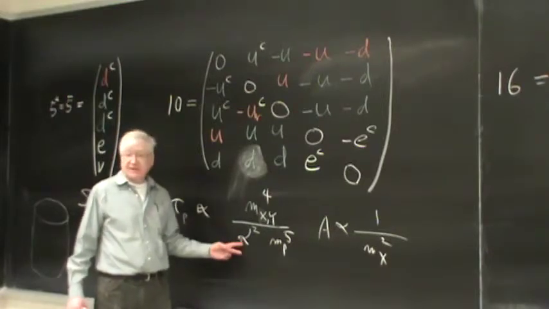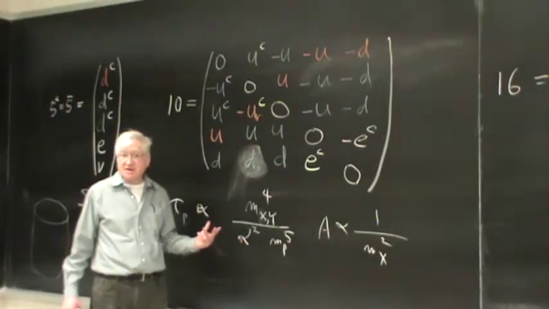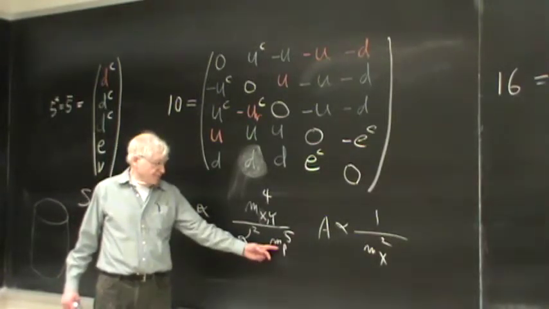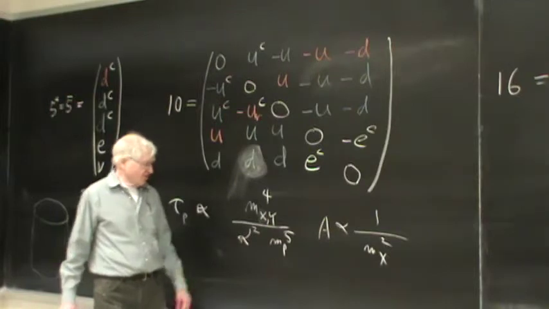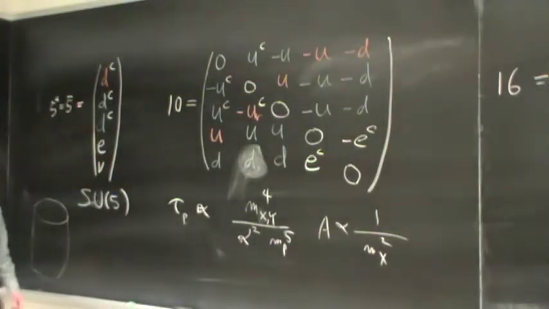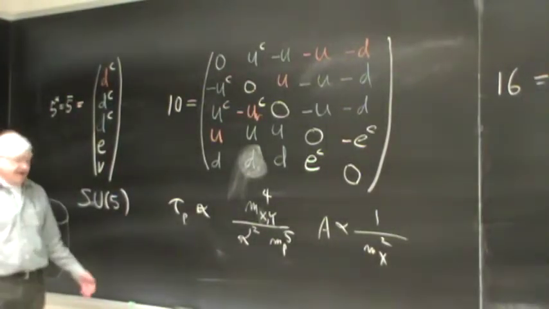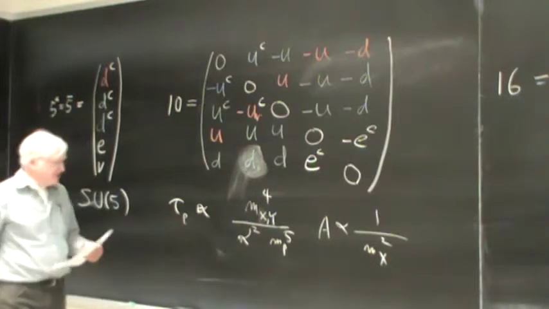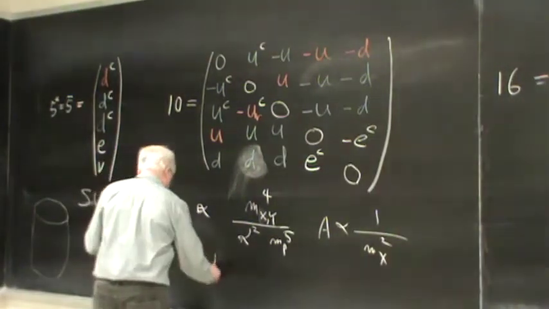Presumably you're doing this at very low energies because the proton is at low energy decay. And then you obviously know the mass of the proton in many digits. You compute what this is, and this gave 10 to the 32 years.